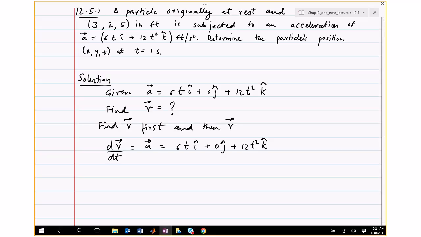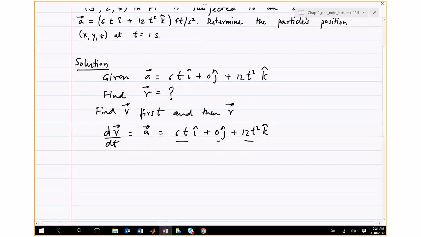Now you could do it one coordinate at a time, so you could take this and integrate it, take that and integrate it. But let's just do it in one shot, so I'm just going to do the integral over the vector. That doesn't mean you cannot do it individually.